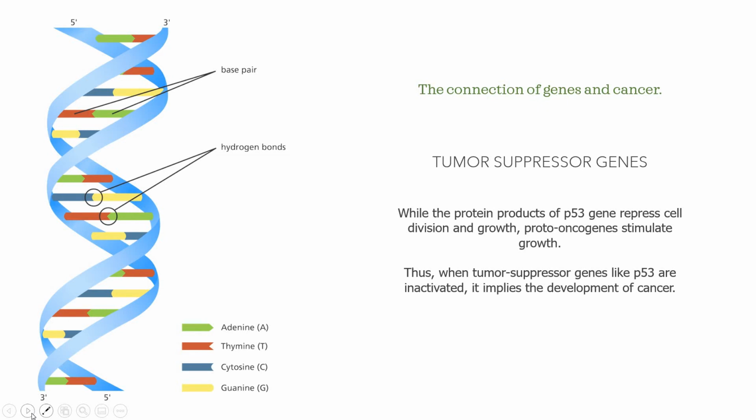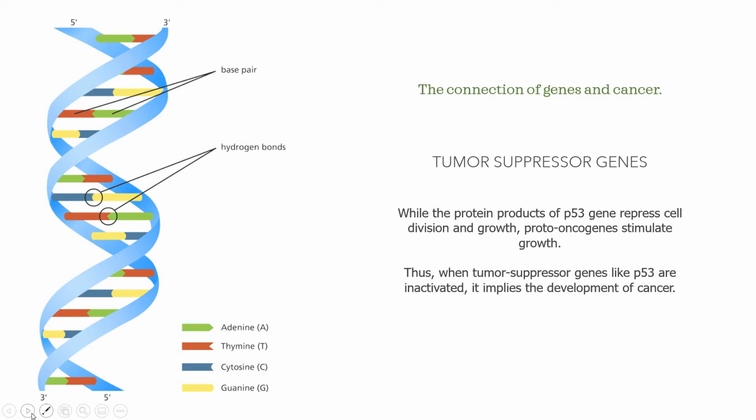While the protein products of p53 gene repress, so again, yung protein products na ginagawa ng p53 gene is, kumbaga, pinipigilan niya yung cell division or cell growth. Ang mga proto-oncogenes naman, ini-stimulate nila yon. Thus, when tumor suppressor genes like p53 are inactivated, it implies the development of cancer.